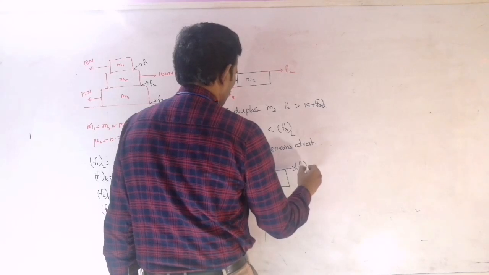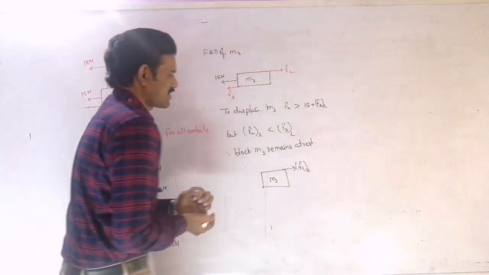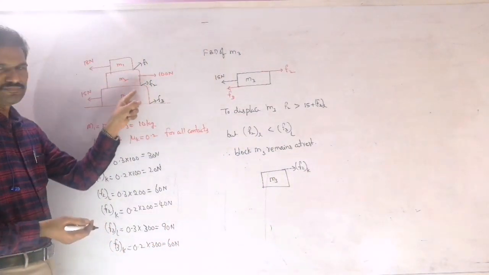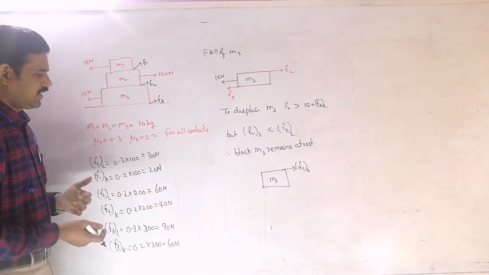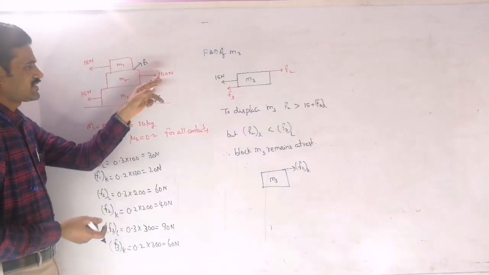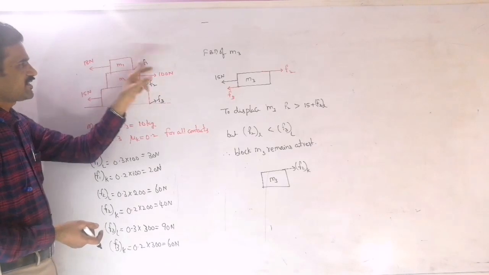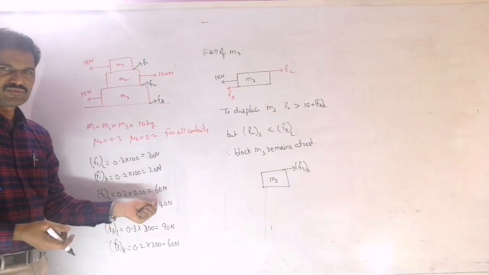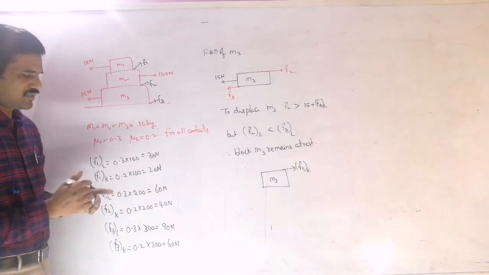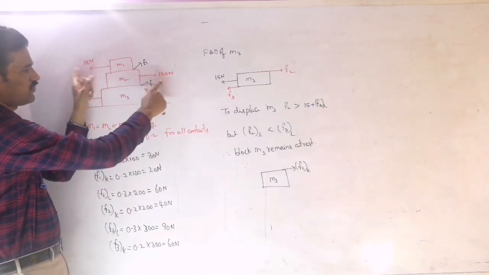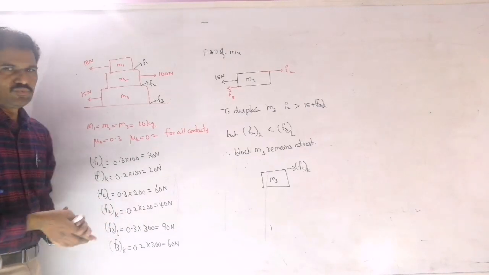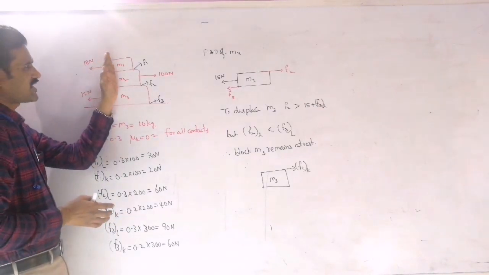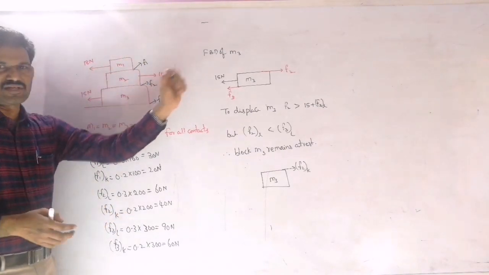And so as M3 remains at rest, there will be some slipping between these two blocks here, because this 100 newtons, or the resultant force acting on M1 and M2, will be greater than this F2 limiting here. From that I am concluding the resultant of these two forces, which is 82 newtons net force acting on the M1 plus M2 system in this direction, right?